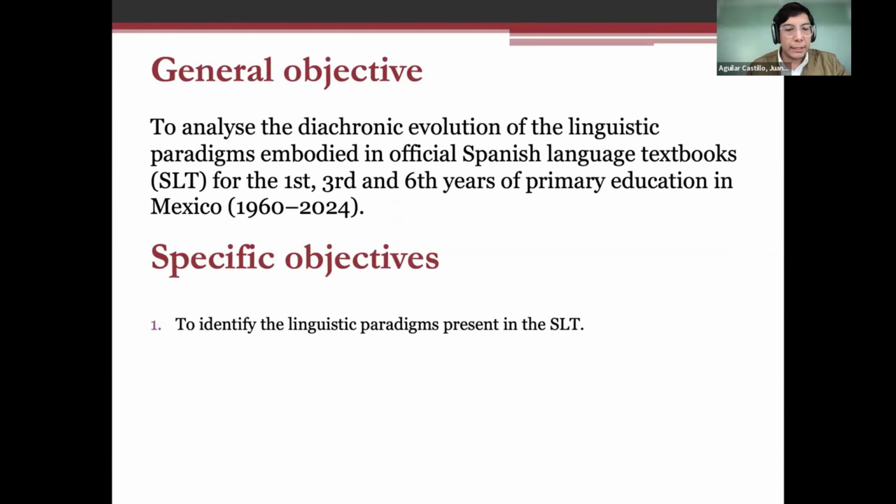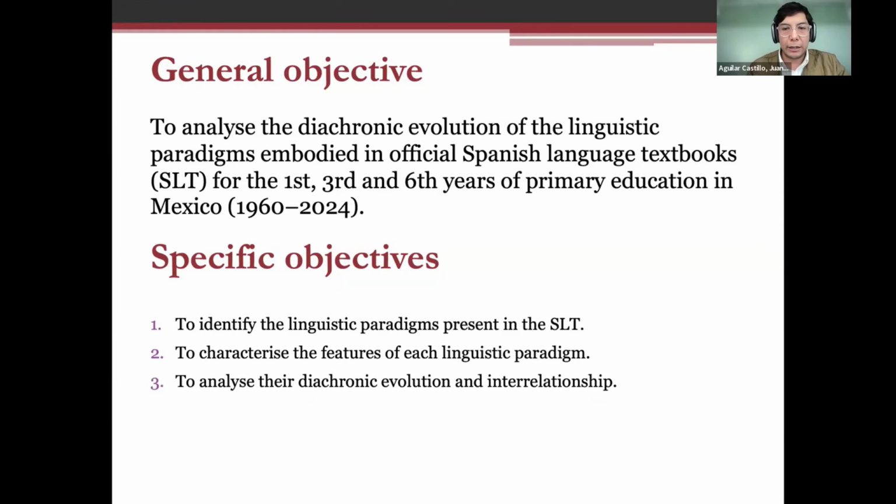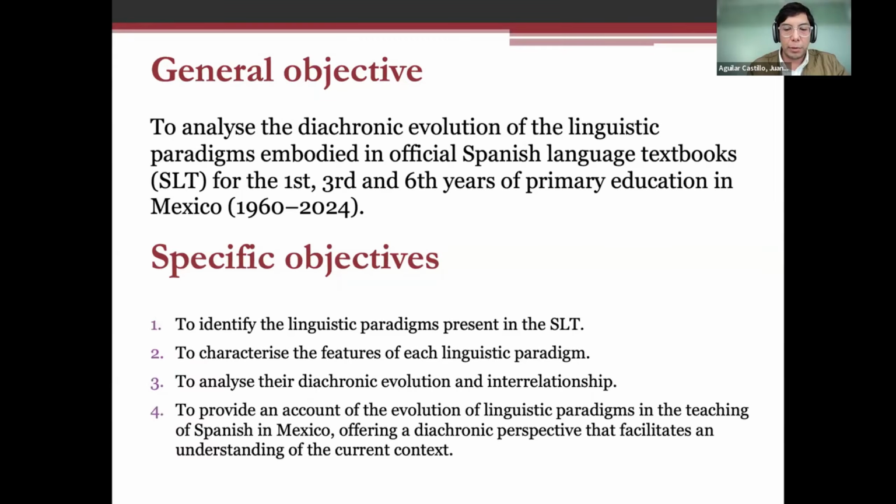The specific objectives are as follows: to identify the linguistic paradigms present in the SLT, to characterize the features of each linguistic paradigm, to analyze their diachronic evolution and interrelationship, and to provide an account of the evolution of linguistic paradigms in the teaching of Spanish in Mexico, offering a diachronic perspective that facilitates an understanding of the current context.